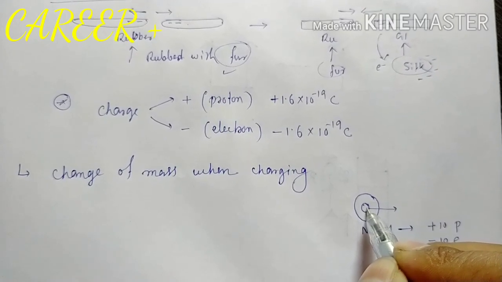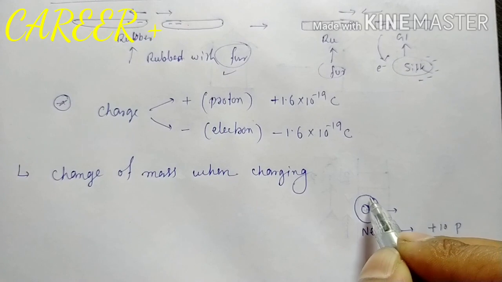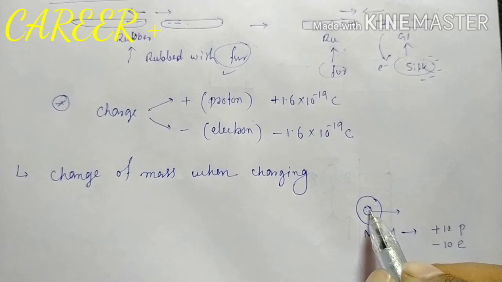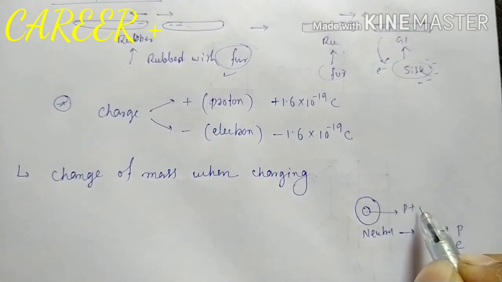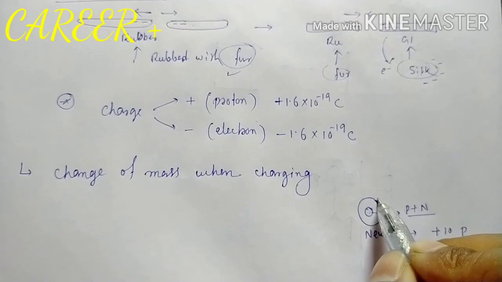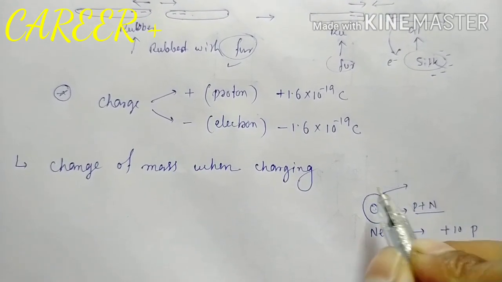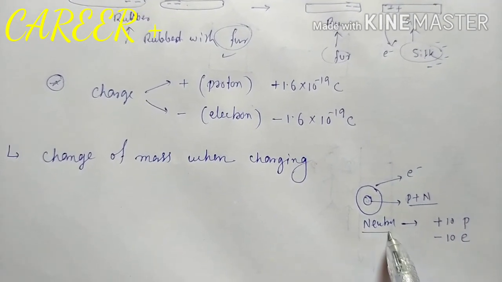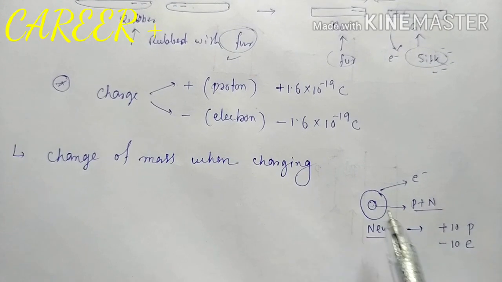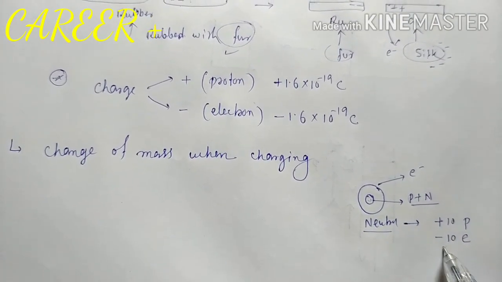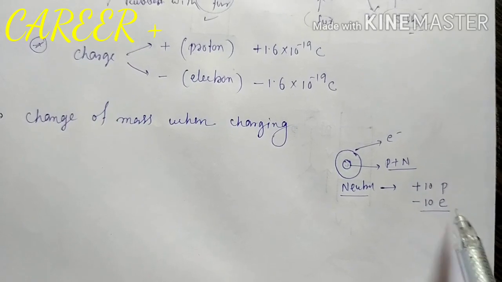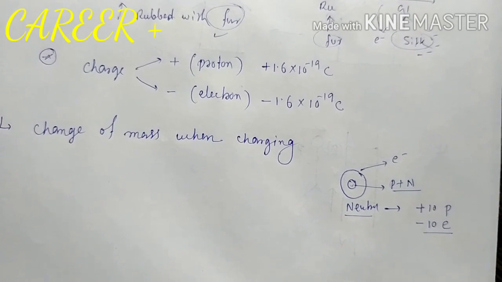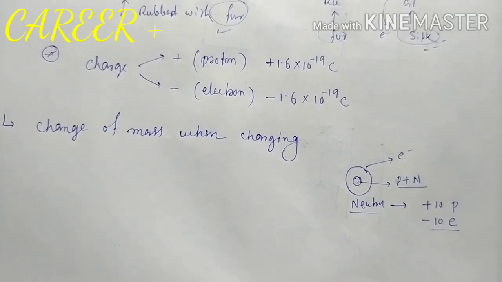In the center of the atom is the nucleus, and around the nucleus electrons revolve in circular paths. In the nucleus you get protons plus neutrons. When a body is electrically neutral, it means there are, for example, 10 electrons in the circular paths and 10 protons inside the nucleus.